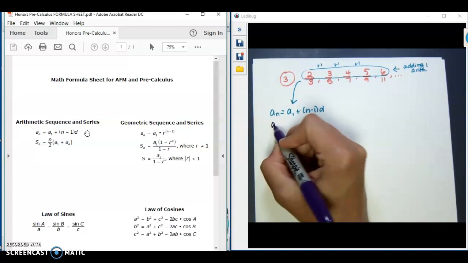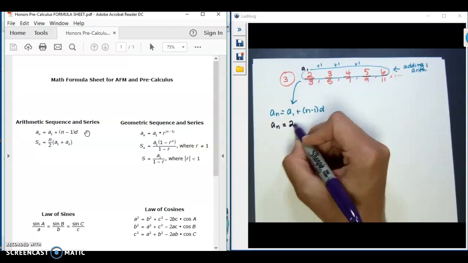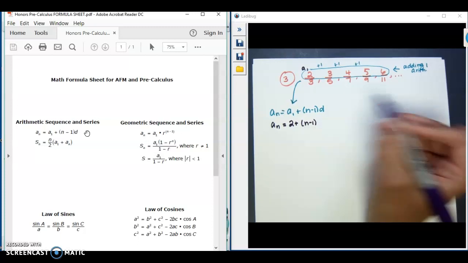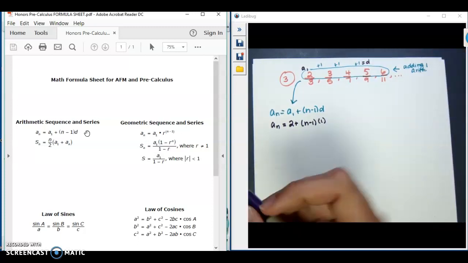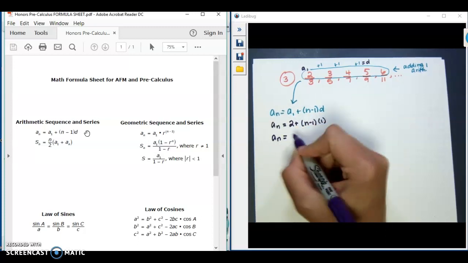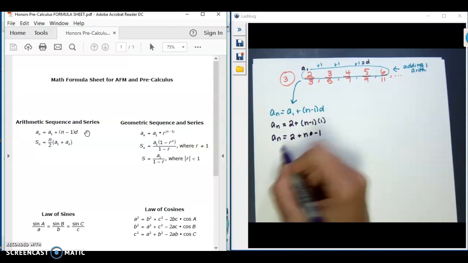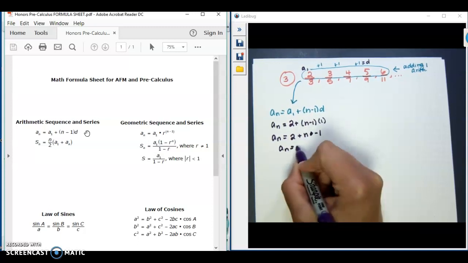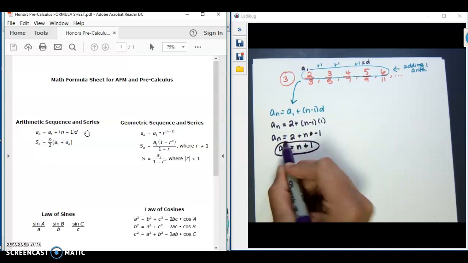For just the numerator, a sub n equals, the first term is 2. We keep our n minus 1. The common difference is what you're adding each time, so that's going to be 1. So if we simplify this out, 2 plus n minus 1, so a sub n is n plus 1. So this is what's going to be for the numerator.